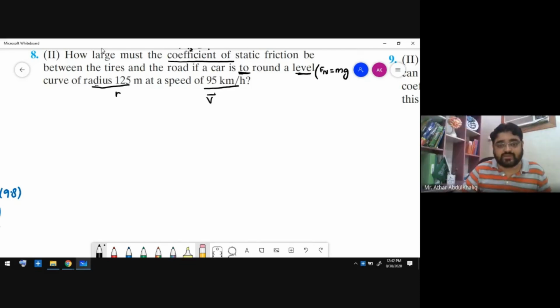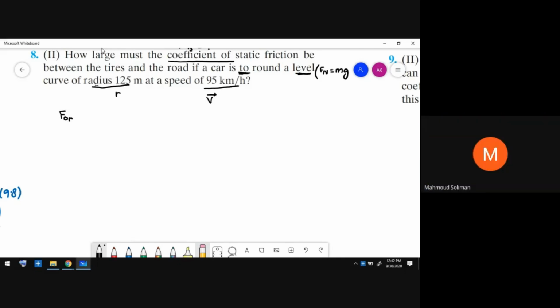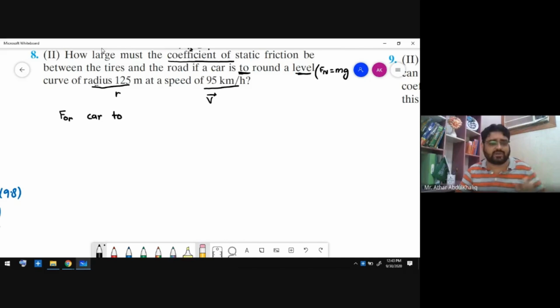Now first of all, before we start, we have r, and they want us to find mu. But the question has one hidden thing: that the car will take the turn. If the car is going to take the turn, what was the condition? Fs and Fc, if it's greater or equal.